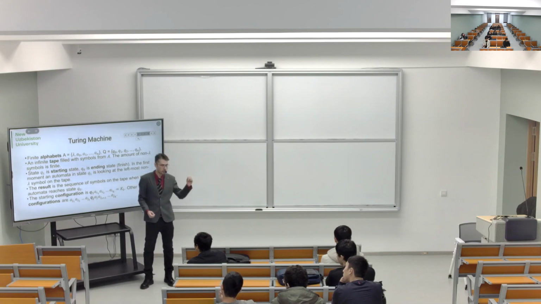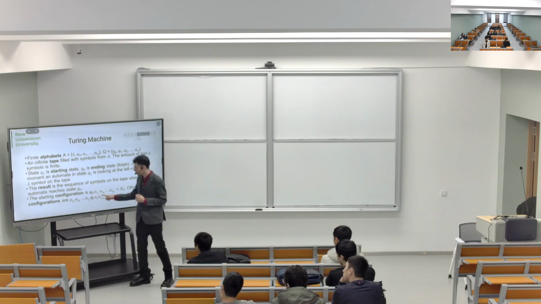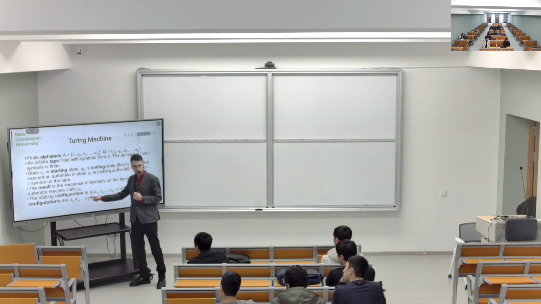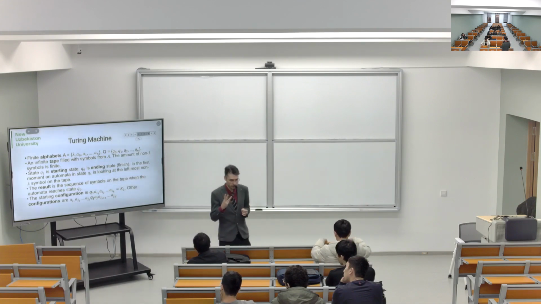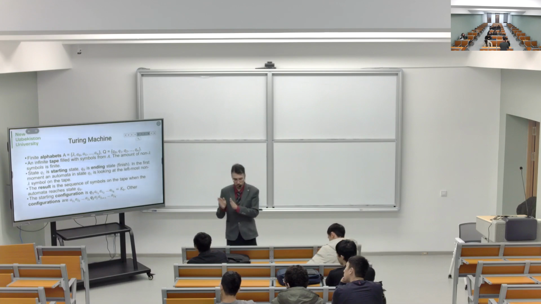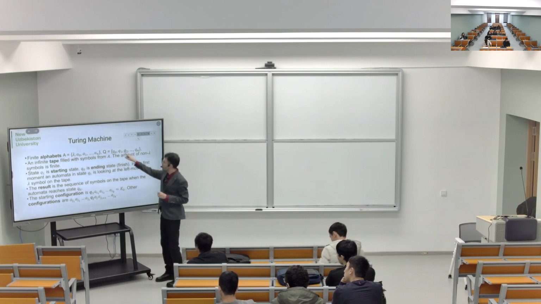At any point the machine can move one cell left, one cell right, or stay at the same cell. So there are only three movements for the machine. And also it can change state.